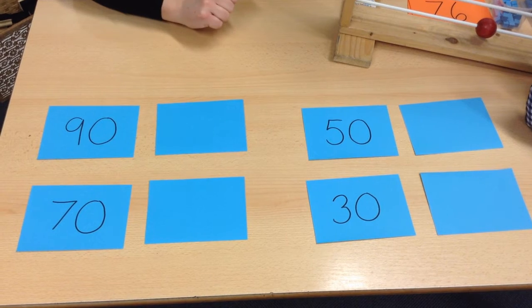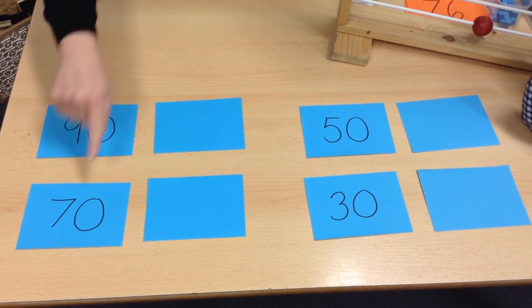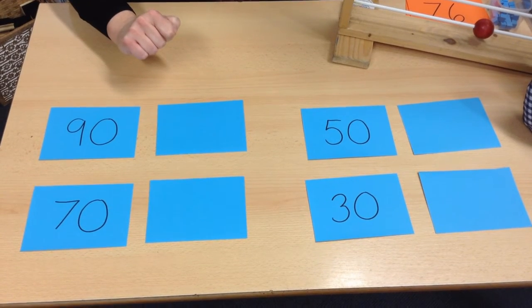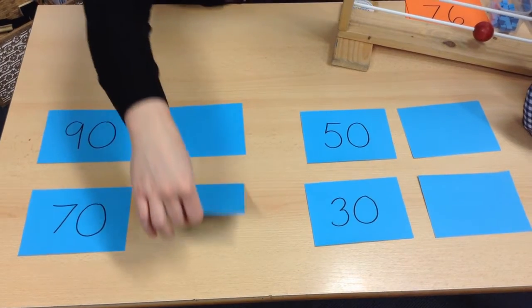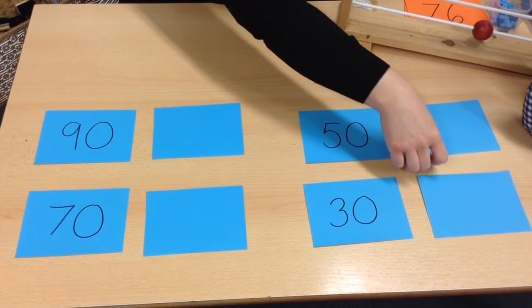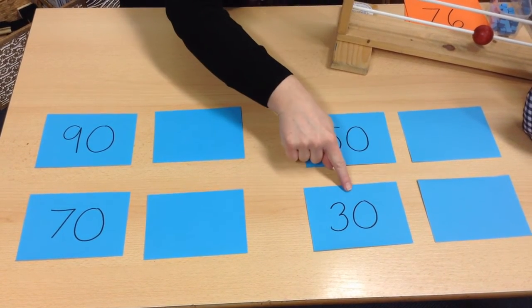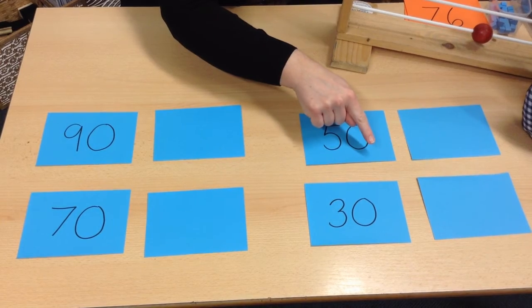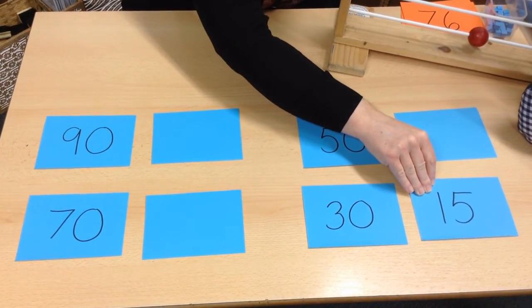Going to go a little bit faster now. I'm going to point to a number, call a number out, and let's see if you can call out its half. Half of 70. 35. Half of 50. 25. Half of 30. How many minutes in a quarter of an hour? That's right, it's 15.